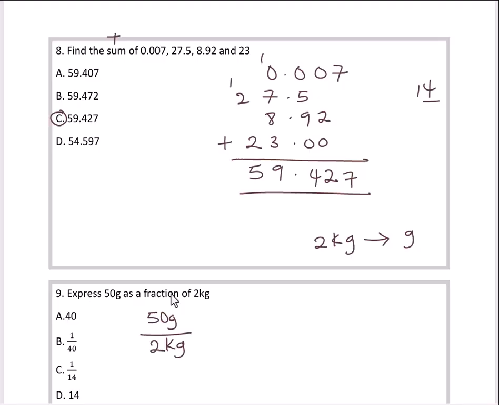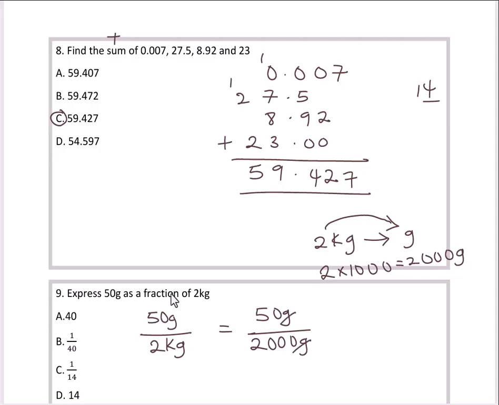So we just simply do 2 times 1000. That will give us 2000 grams. So we've converted 2 kg to g. This becomes 50 gram over 2000 gram. If you don't convert, you'll be very confused. So let's cancel out the grams. That's why our answer does not have a unit.